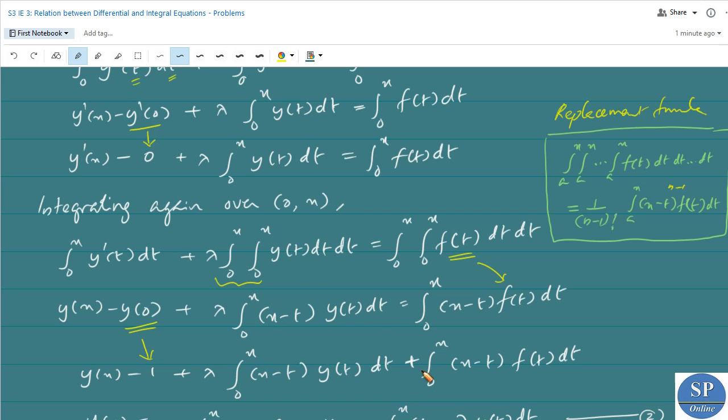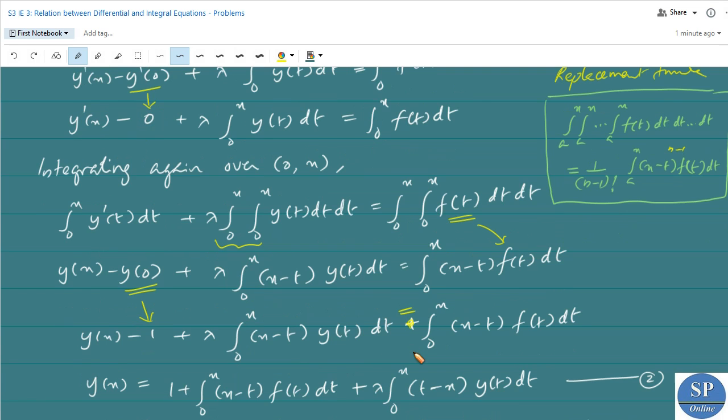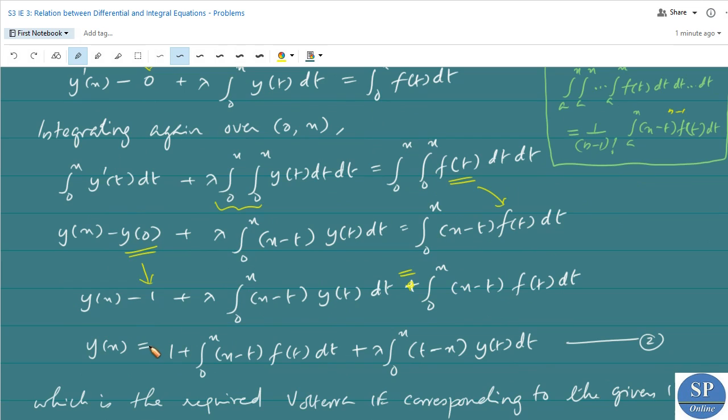Now this gives y of x equal to 1 plus, taking this to the right hand side, 1 plus integral 0 to x of x minus t f of t dt plus lambda into integral 0 to x, here is x minus t, so taking it to the right hand side we will get t minus x y of t dt.